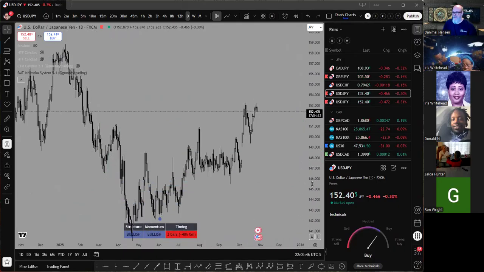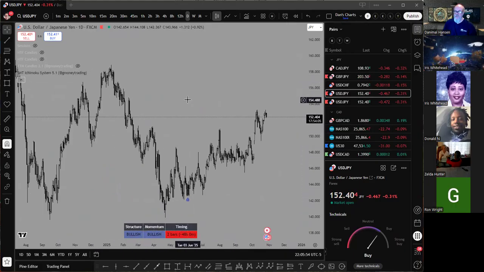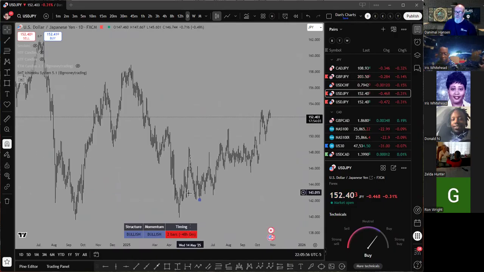Yeah, let's keep it simple. And this I like because we are looking at buys. We had the impulse down, and we have this now correction. You got this impulse down from here to here.